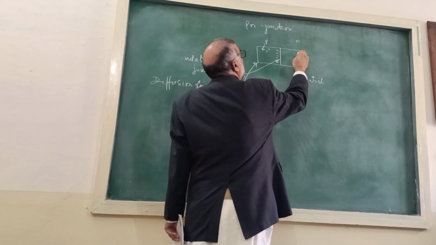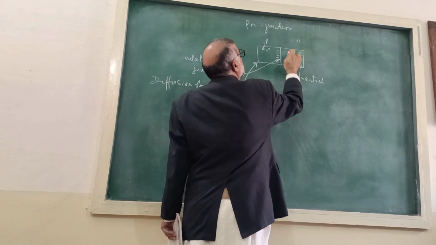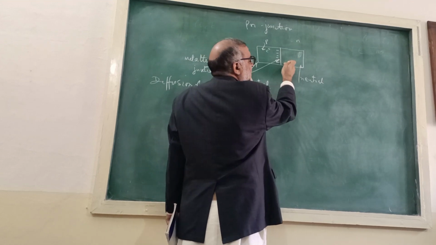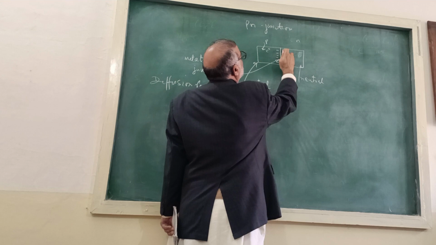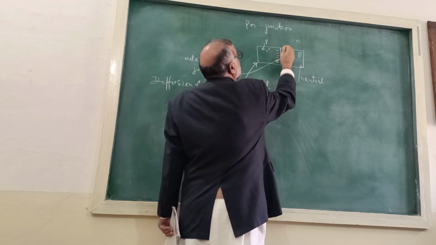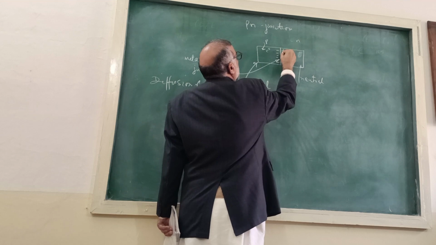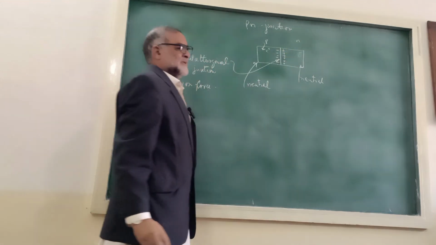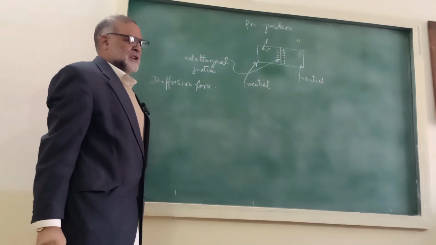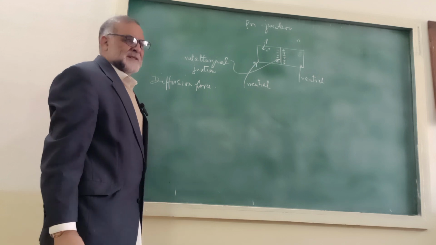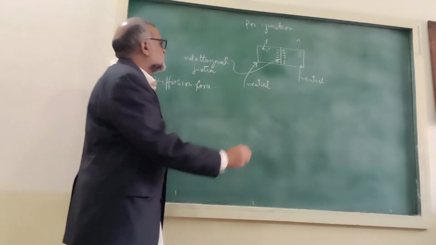So when electrons move, they will move from the nearest side. Suppose electrons move from here to here. This side will become negative charge and they will leave a positive charge behind. When electrons leave an atom, it becomes a positive ion.